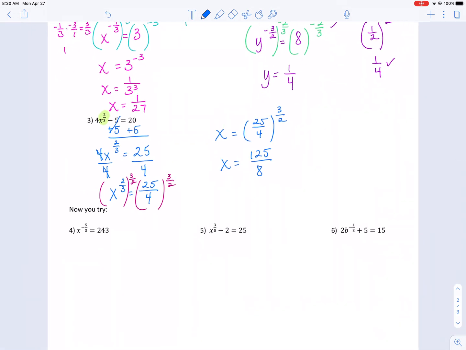It's power over the root. Technically, power over the root tells me it's the square root of 25/4 to the 3rd power. Well, the square root is 5 halves. 5 halves cubed would be 5 times 5 times 5, 125, over 2 times 2 times 2, 8. So you know you're right. And again, the calculator's not going to lie to you.